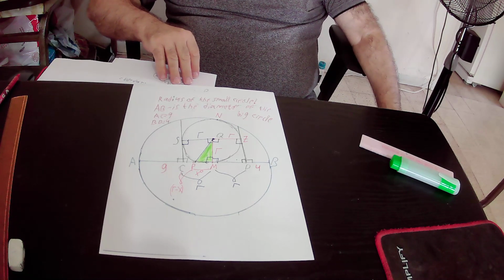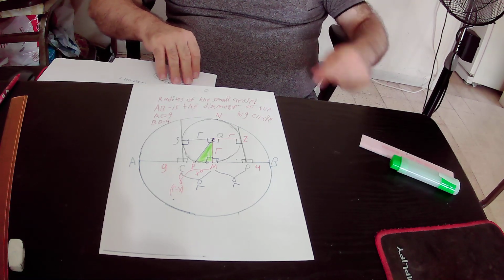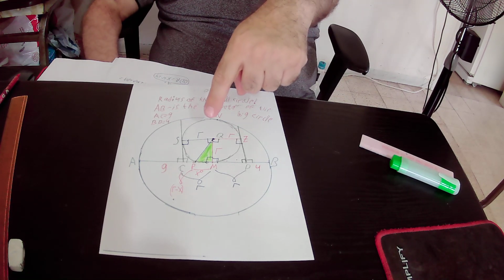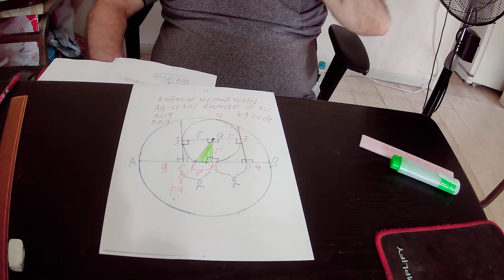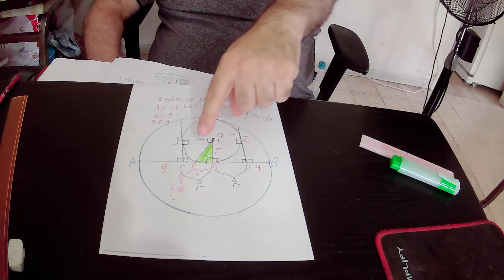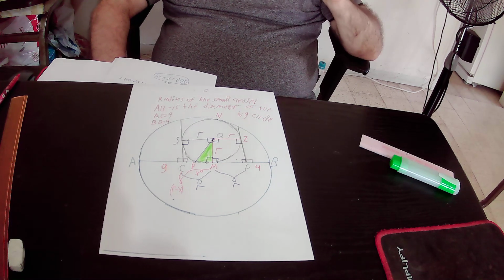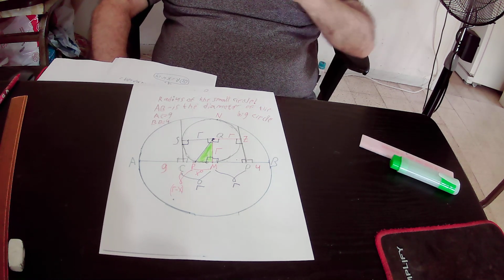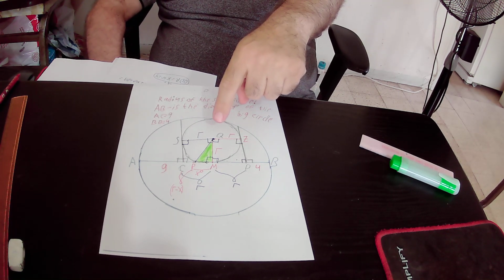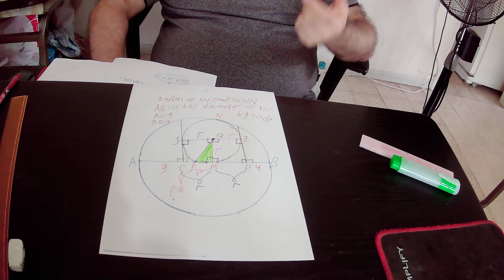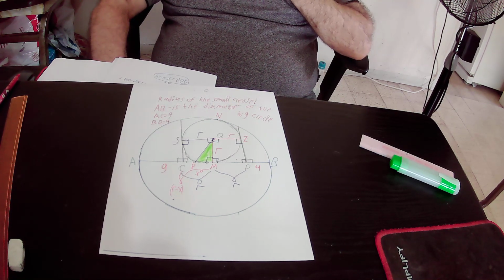And we repeated the same process on quadrilateral QSMC. This quadrilateral has 3 right angles, so the fourth angle must be equal to 90 degrees according to rule number 2.